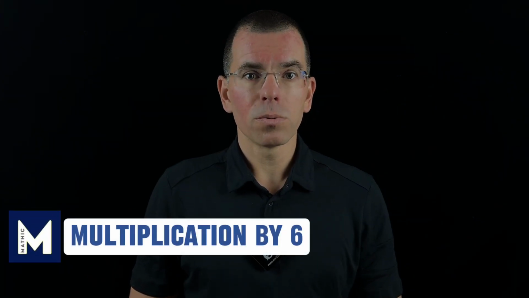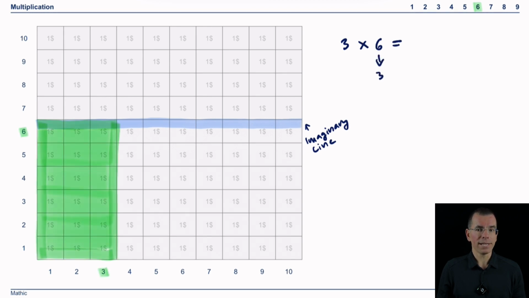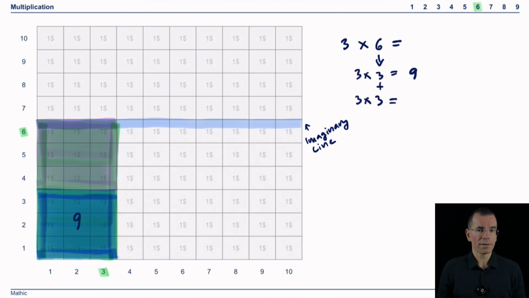Let's move on to multiplication by 6. We can always help ourselves with splitting 6 into 3 plus 3 and calculating in 2 steps. When multiplying 3 times 6, that would translate into multiplying 3 times 3 in step 1 and 3 times 3 in step 2.